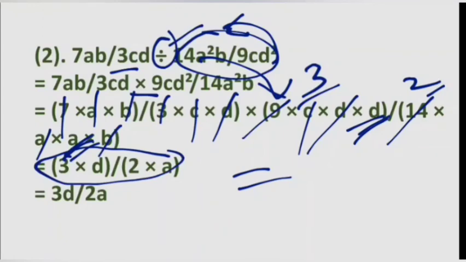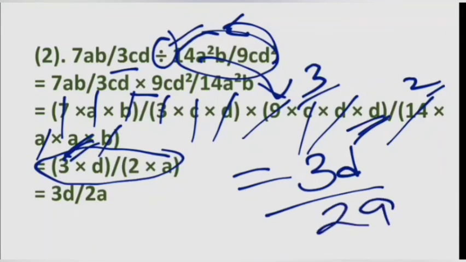So 3D over 2A is actually 3 times D over 2 times A. You can't cancel that again because they are unlike terms, and 2 cannot go into 3 perfectly, so you leave it as a fraction. I hope this was very simple.